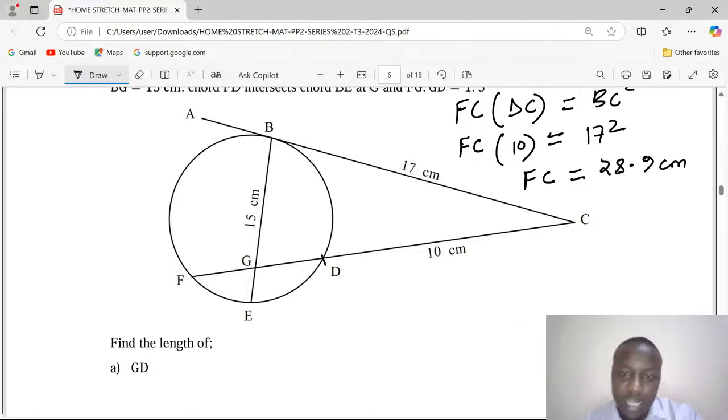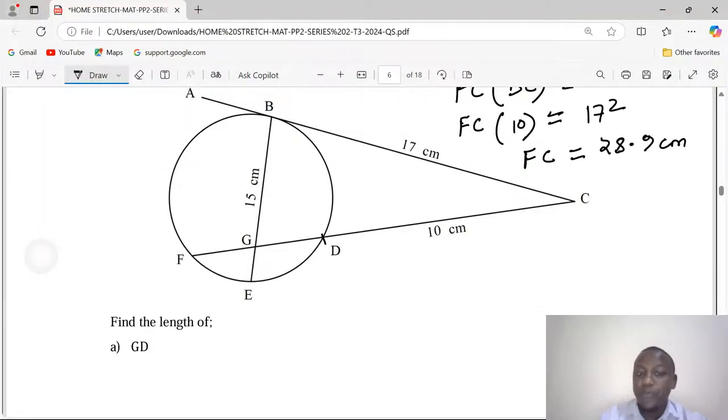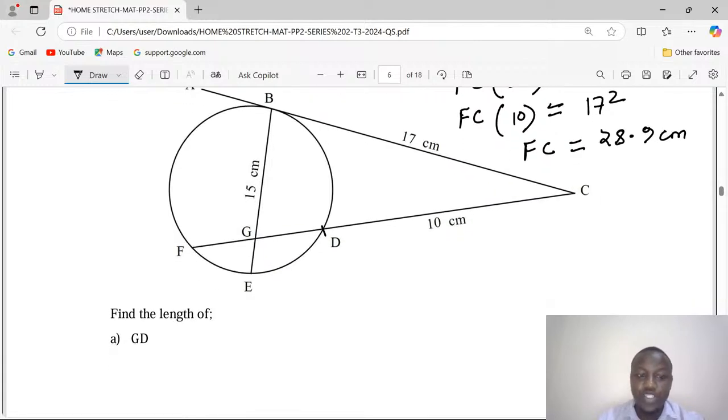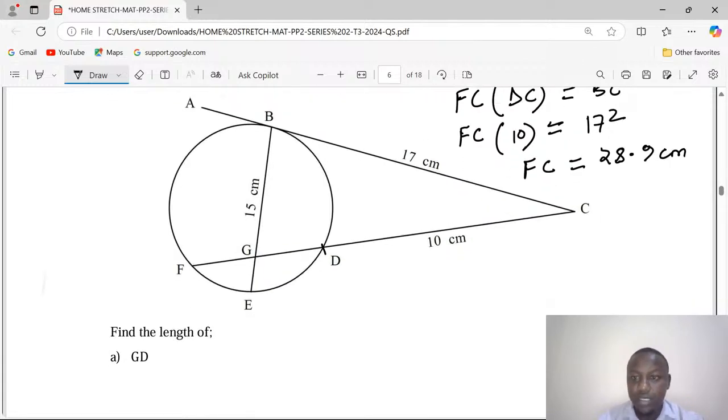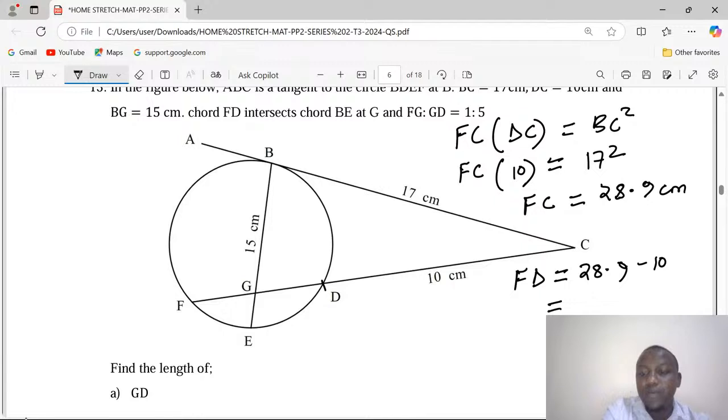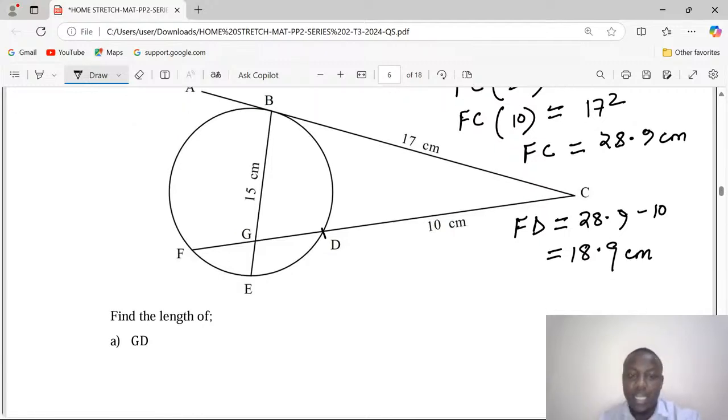Now, remember the length we are supposed to get is GD. So we're supposed to tell ourselves that the length FD, because FC is 28.9, then FD is supposed to be 28.9 subtract 10, we get 18.9 centimeters.